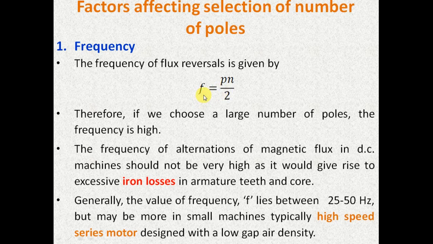This consequently will result in an excessive iron loss condition. Due to this excessive iron loss, the efficiency of the machine gets reduced. This is not a favorable condition. So it must be ensured that while selecting the number of poles, the value of frequency must lie between 25 to 50 Hz. The value of frequency means the frequency of flux reversal.